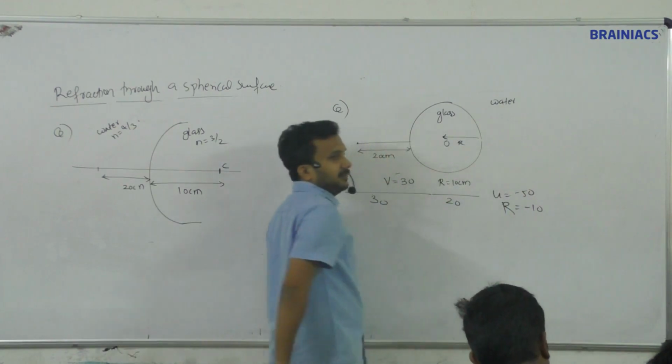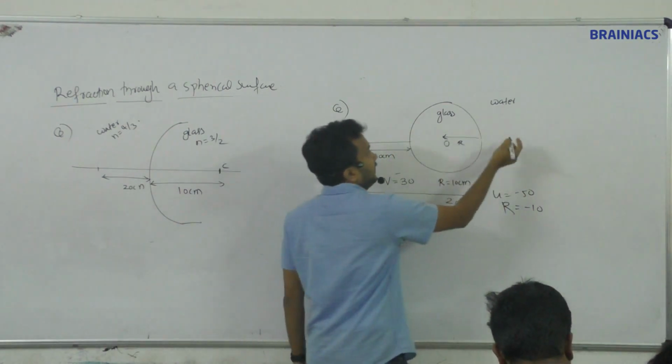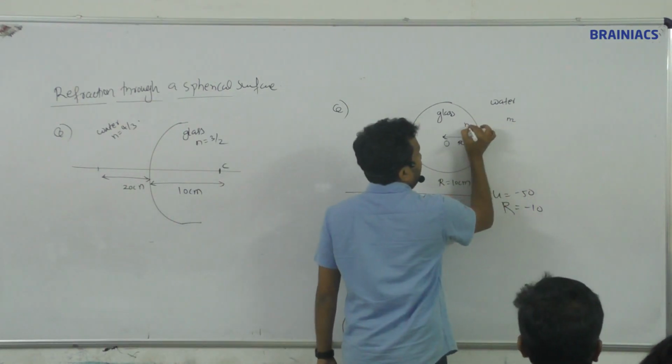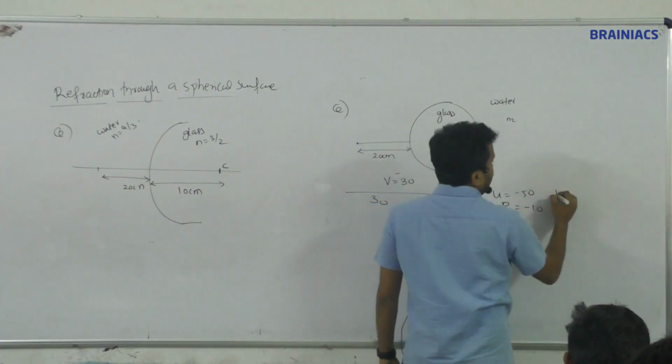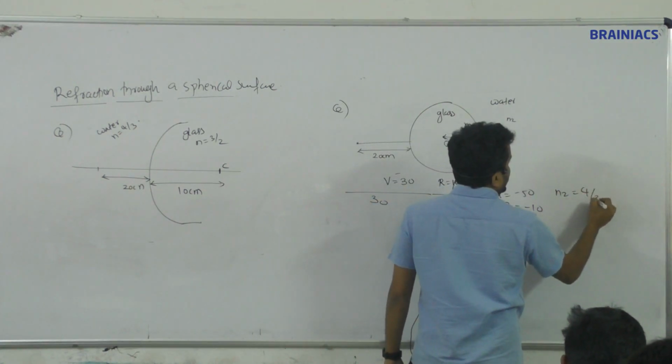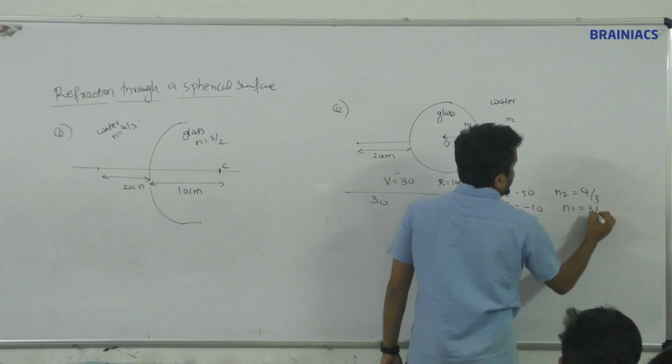Directly substitute in the formula for the second case: N2 is equal to 4 by 3, N1 equal to 3 by 2.